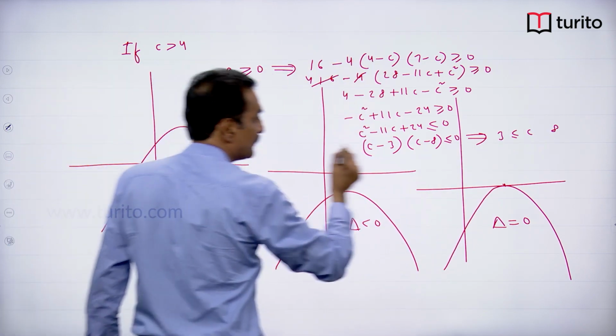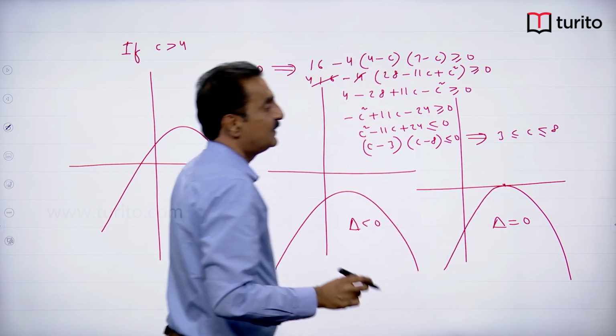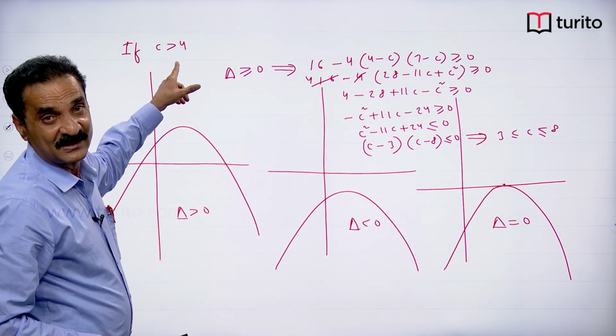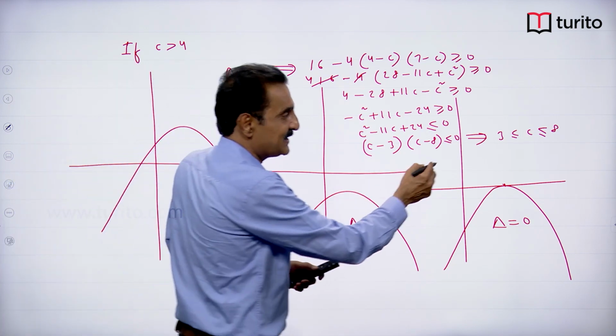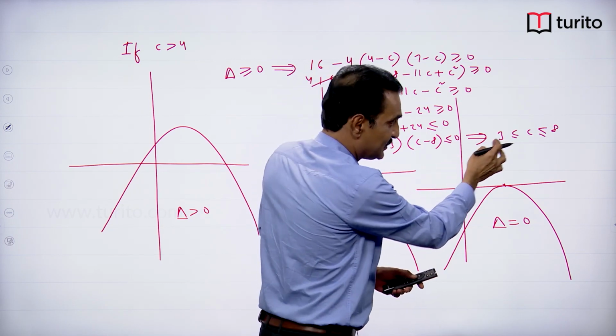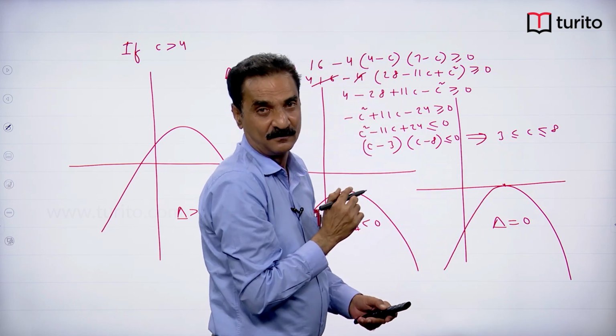But already we assumed one condition, c greater than 4. So, we have to correct it. c must be greater than 4 now. So, it cannot take values from 3 to 4.